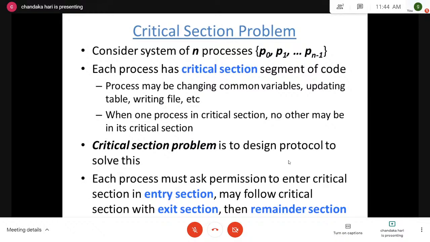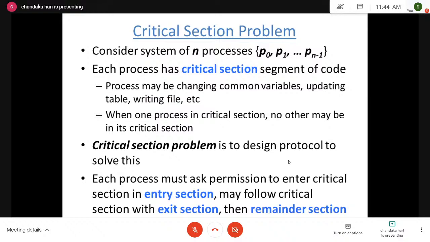A process is divided into critical, remainder, and so on, like this. Critical in the sense that a critical section is an area of a process where, while executing such an instruction, it is affecting common variables, that is, variables shared by other processes. Such instructions are called the critical section.